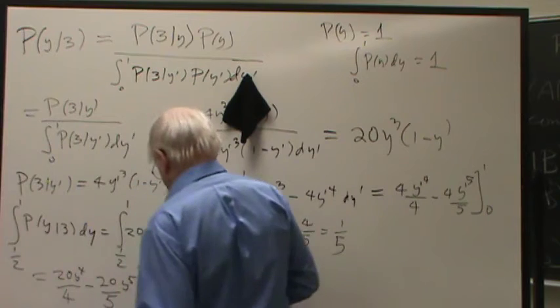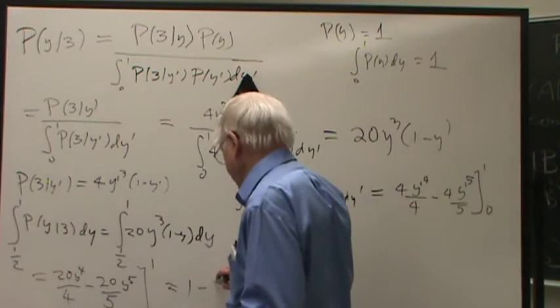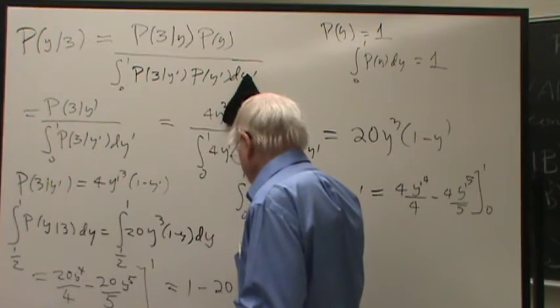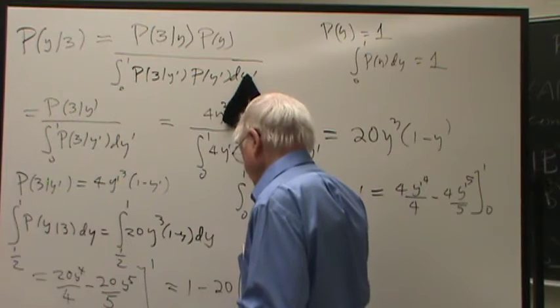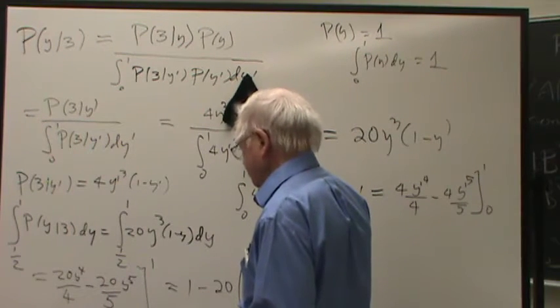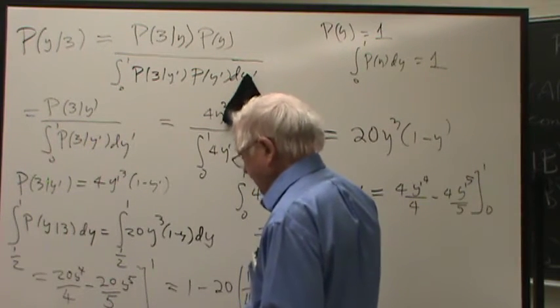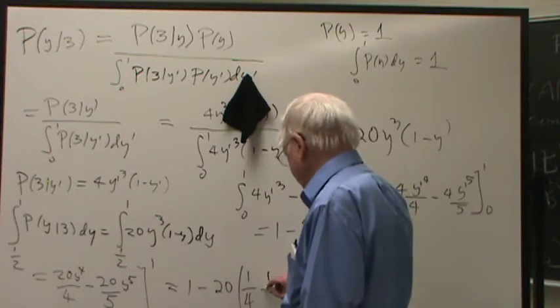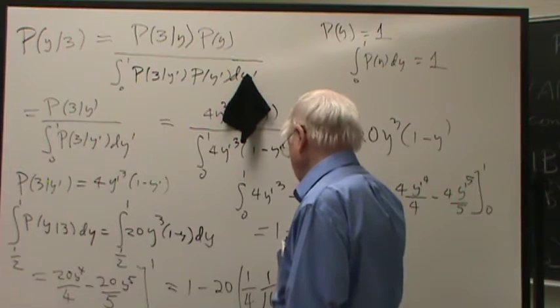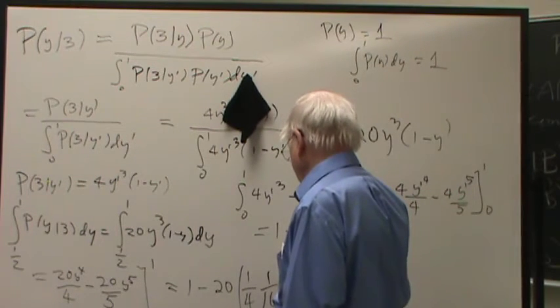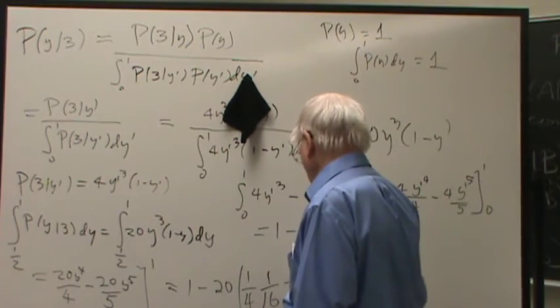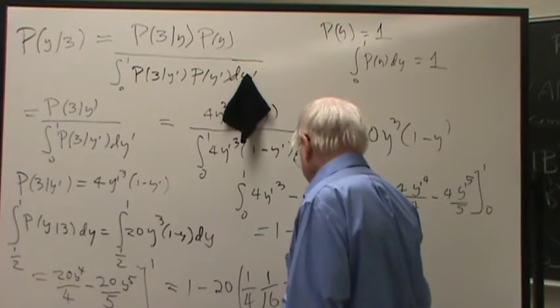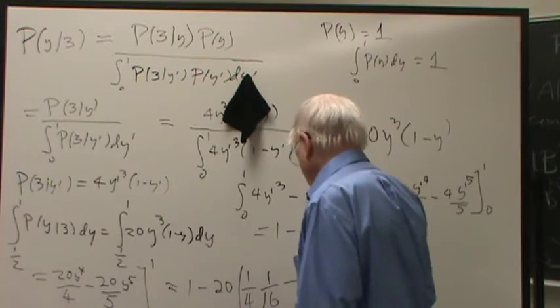And I don't know what that is, but it's 20 times a quarter times a half to the 4th, which is 1 over 16, isn't it? Minus a fifth, 1 over 32.